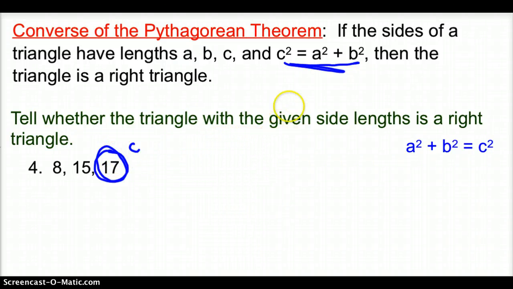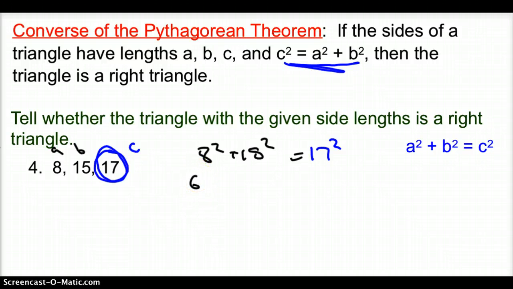So I circled the hypotenuse on the screen, so we have 17 squared, and we're just plugging 8 in for a, 15 in for b. You could also plug 8 in for b, 15 in for a, but I chose to do it like this. So we have 8 squared plus 15 squared. Moving right down the line, we have 64 plus 225, and 17 squared is 289.